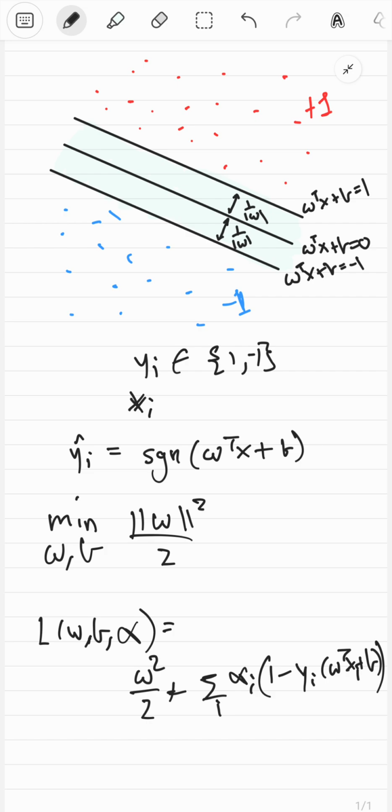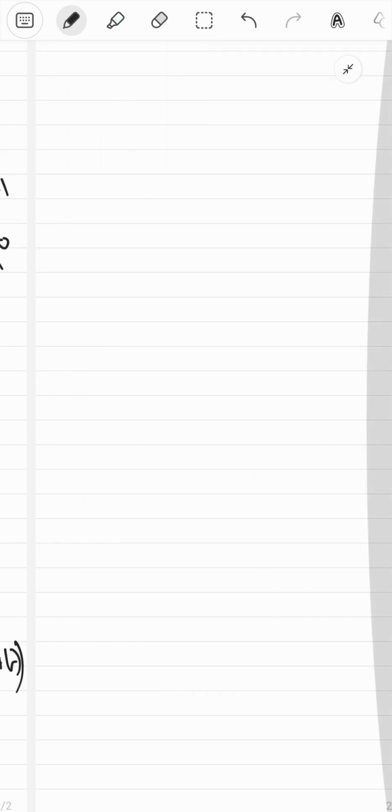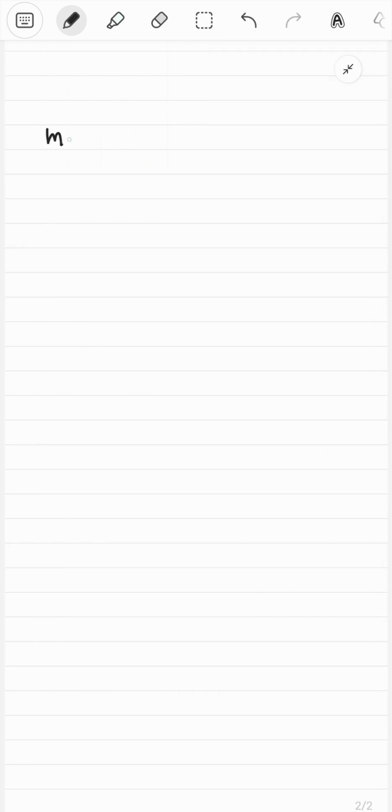What we want to do is enforce inequality conditions, and the way we'll do that is by setting up a min-max problem. We'll minimize our loss function in omega and b, but we'll actually maximize it in alpha.